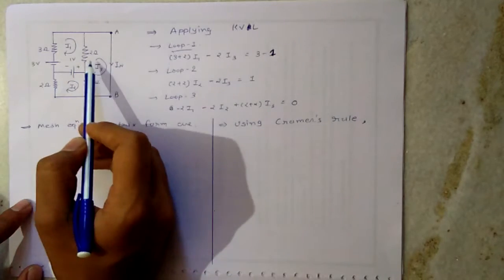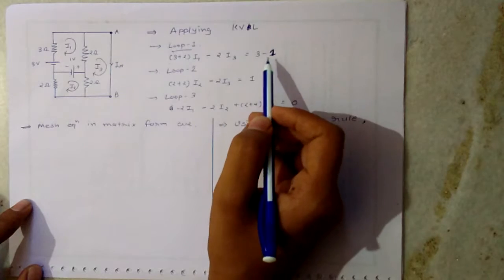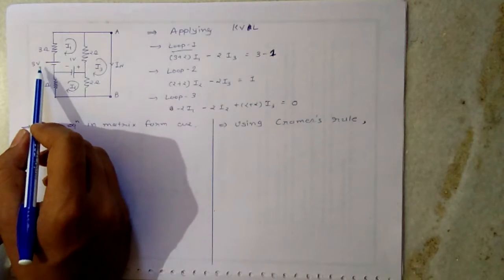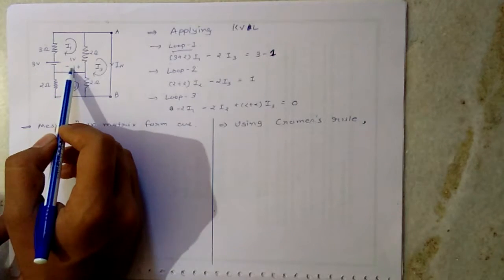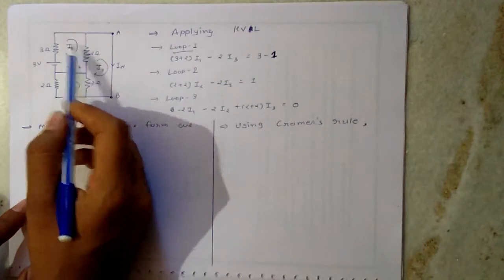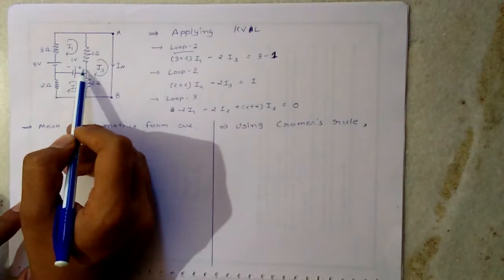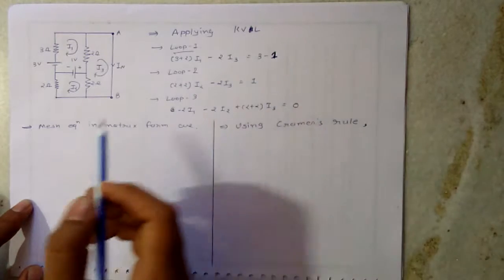Then minus 2 I3; this I3 current will flow from here. This is equal to the voltage rise, that is 3 volt and 1 volt. But here 1 volt is negative, as we have considered this path of flow of current I1, this plus and minus, so this voltage source will be minus, hence 3 minus 1.